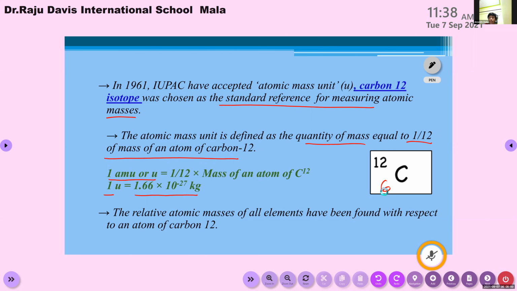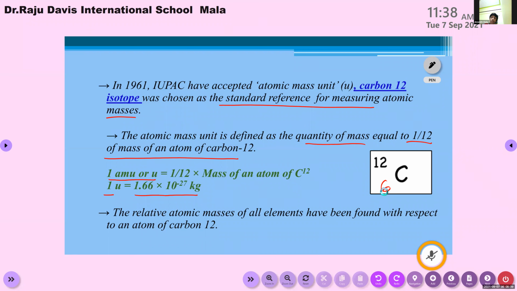The atomic mass unit is defined as the quantity of mass equal to 1/12 of the mass of an atom of carbon-12. 1 AMU or U is equal to 1/12 into the mass of an atom of carbon-12. 1 U is equal to 1.66 into 10 raised to negative 27 kilogram. The relative atomic masses of all elements have been found with respect to an atom of carbon-12.